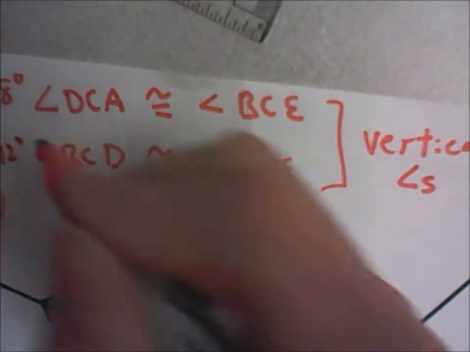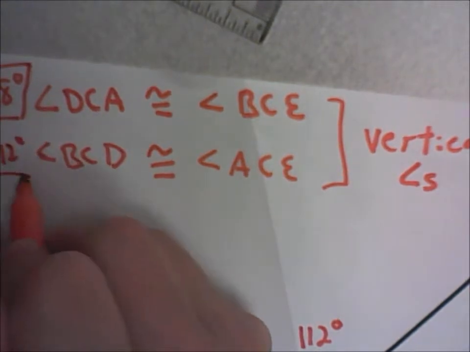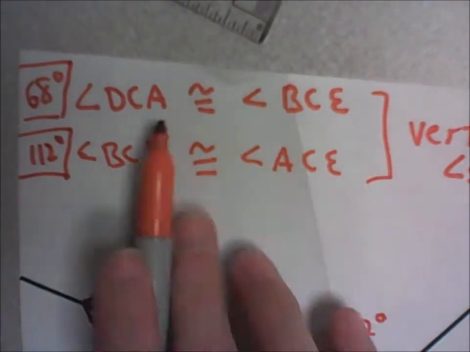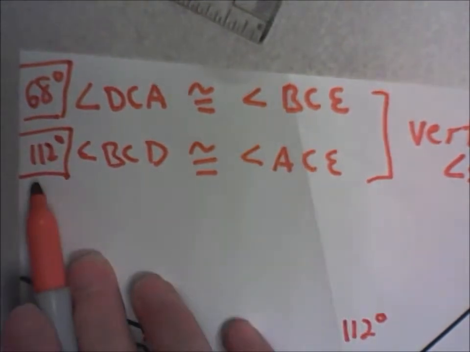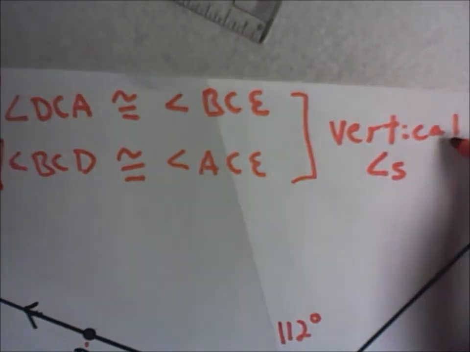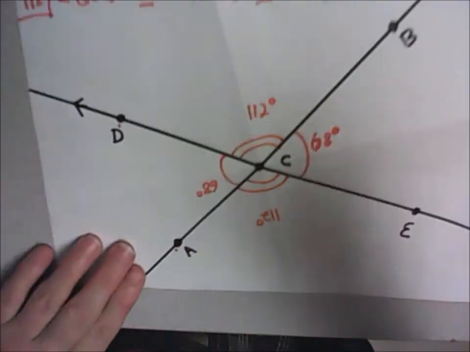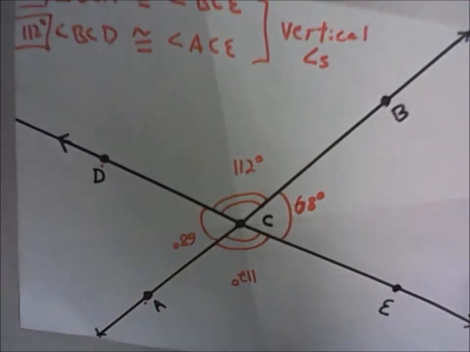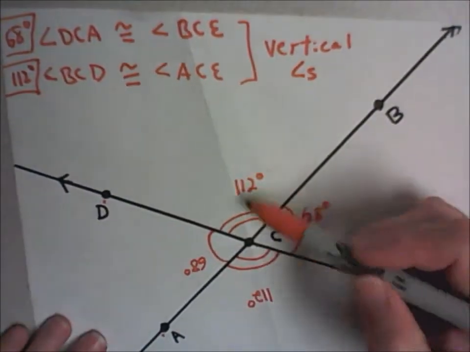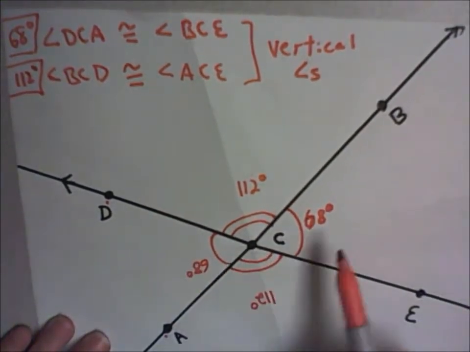They are in fact congruent. So these both were 68 degrees, these both were 112 degrees. They are congruent. They are considered vertical angles. Vertical angles go across the vertex when you have two intersecting lines.